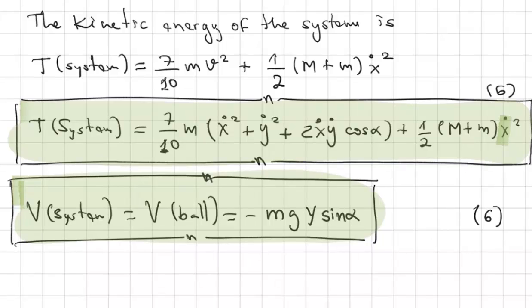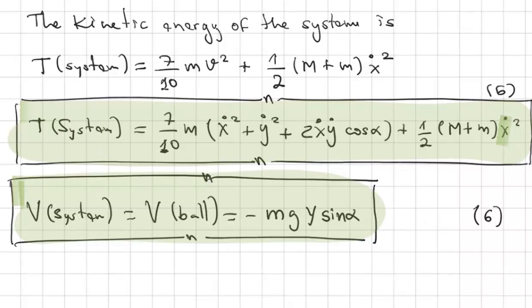Then, because we are treating the wedge as a particle, we are not taking its dimensions into consideration. That's why we only take into consideration the potential energy of the ball, but this is mgy sine of alpha.